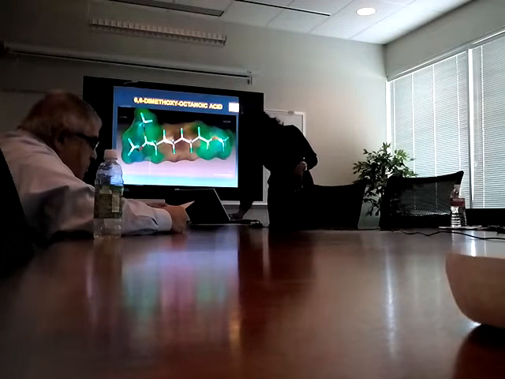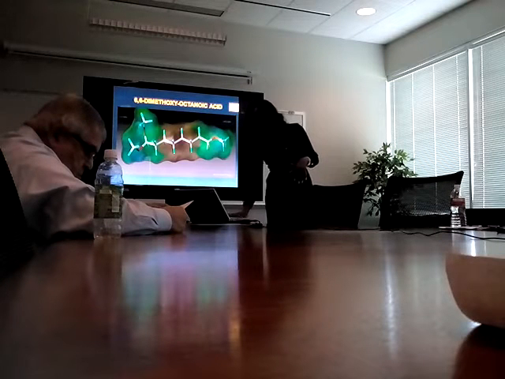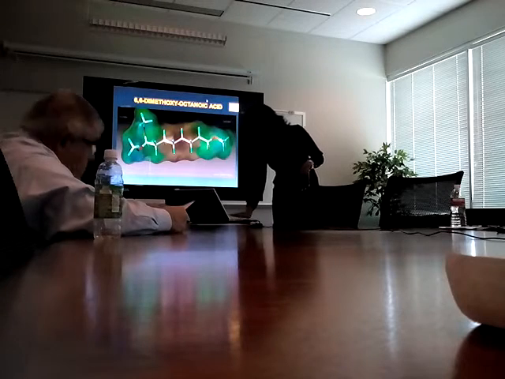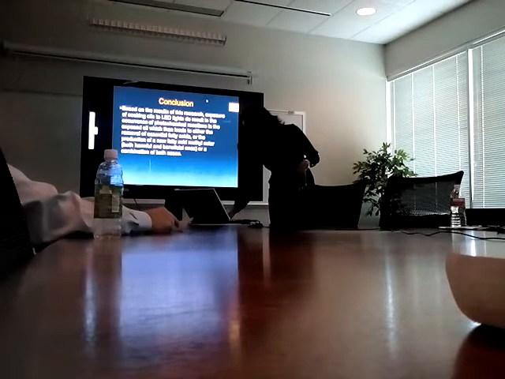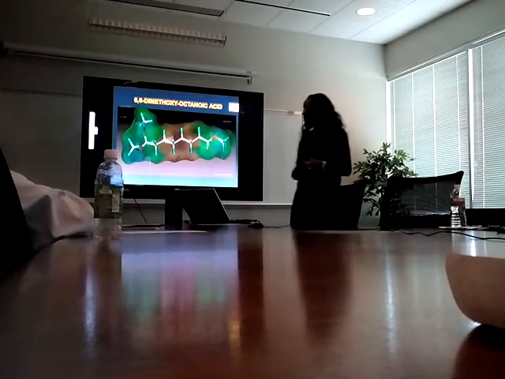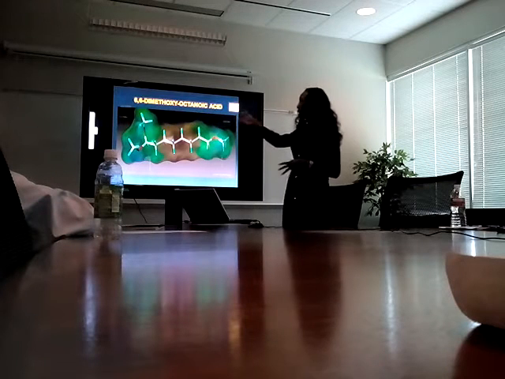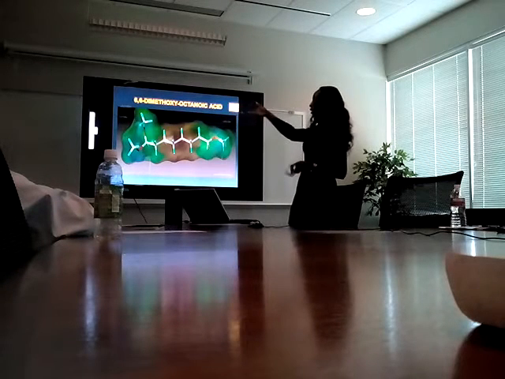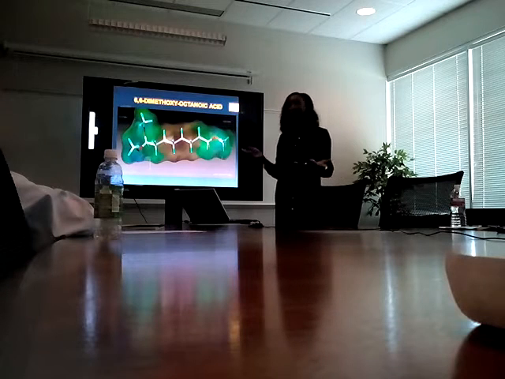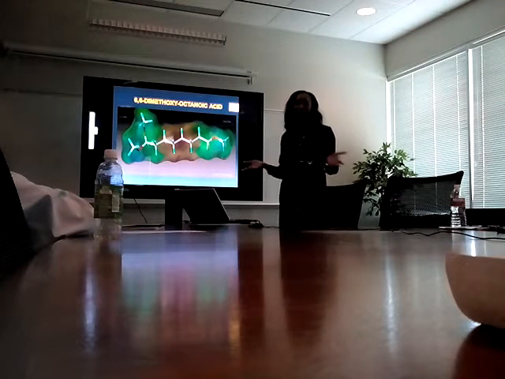So this here is the lipophilic potential map of 6,6-dimethoxyoctanoic acid. I used it as an example because I noticed it was produced in all of our oil samples.